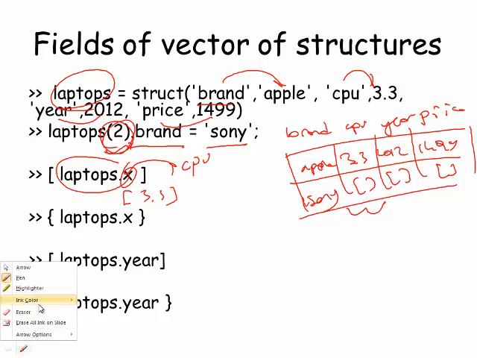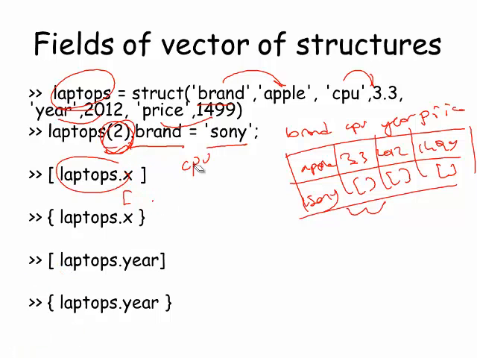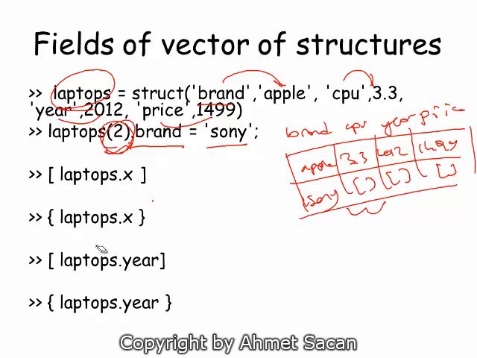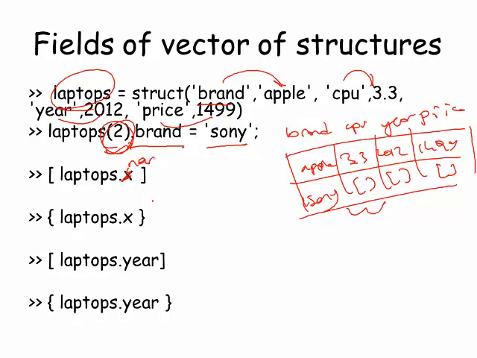So let's make it more interesting and change it to laptops.brand. If I collect the brands of these structures using square brackets, I'm basically concatenating all of these names. So it will be Apple and then no space Sony. So it will be a single string that contains AppleSony.